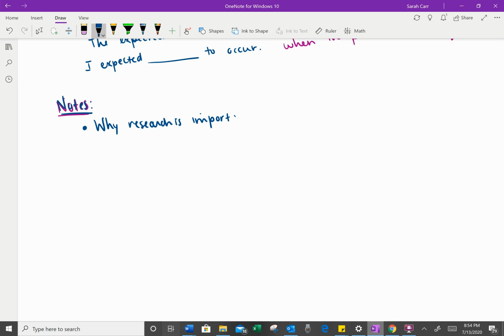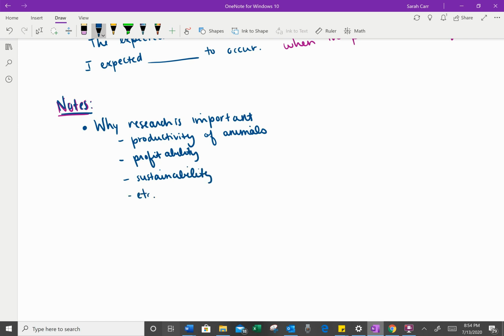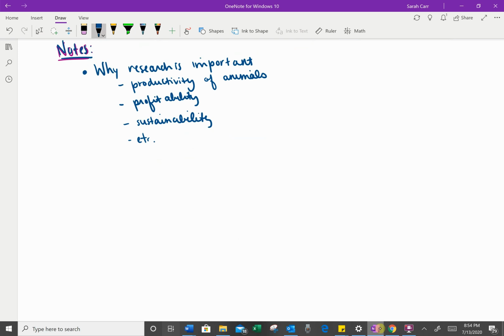And when you're discussing this, the reason why it's important to do this research may be related to things such as productivity of the animals, may be related to profitability of the enterprise, could be even sustainability, etc.